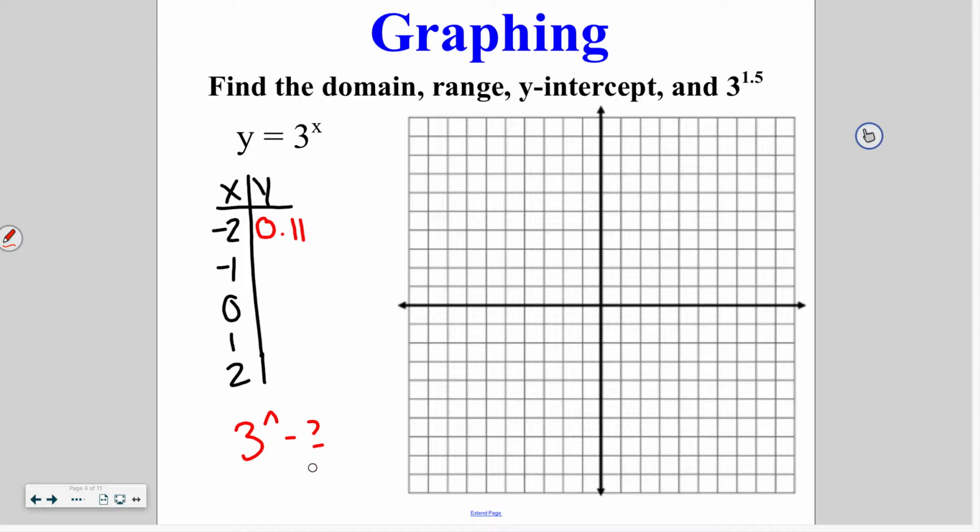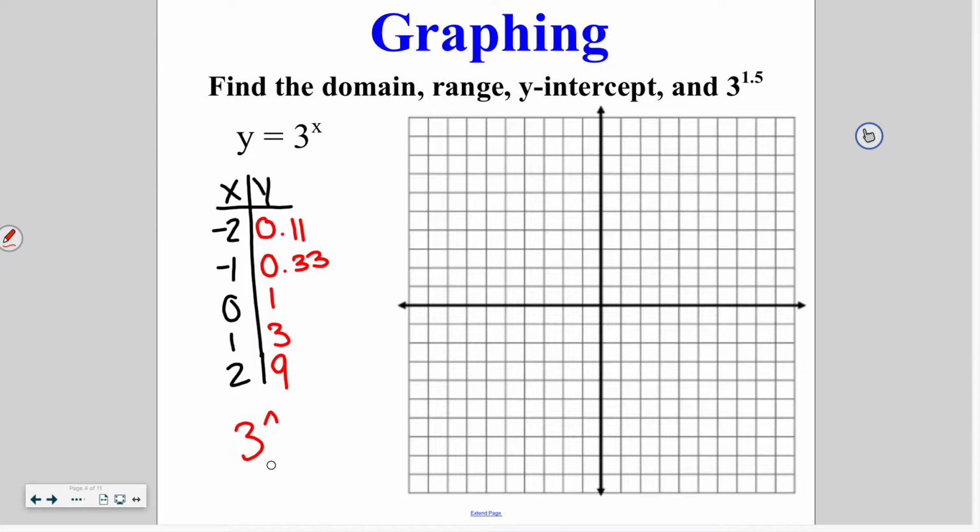For the next one, you would do 3 to the negative first power, which is 0.33 repeating. Again, 2 decimal places. 3 to the 0 power is going to give us 1. 3 to the first is going to give us 3, and 3 to the second is 9.